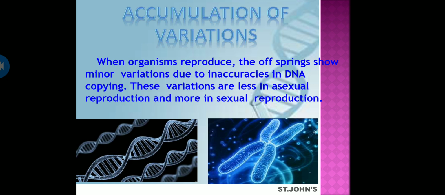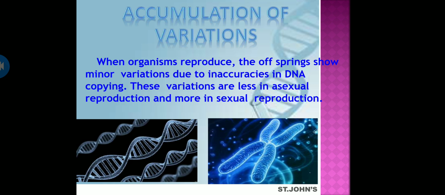So that is one cause. The first cause is errors in proofreading, and the second cause is sexual reproduction. So what is sexual reproduction? I told you that here two parents are involved, right? So half of the genetic material is transferred from the mother and half of the genetic material is transmitted from the father.